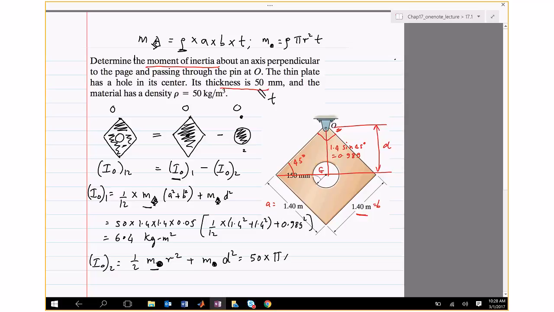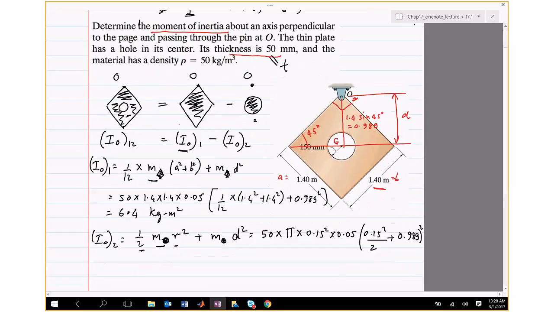Pi times the radius, 0.15 square, times the thickness 0.05, times r square, 0.15 square divided by 2, plus 0.989 square. Okay, is that clear? And so this comes out to be 0.175.